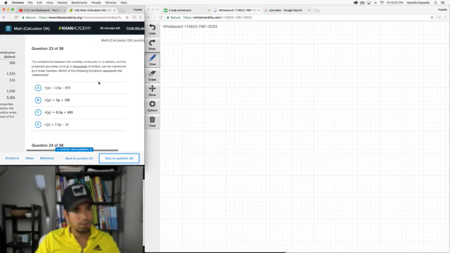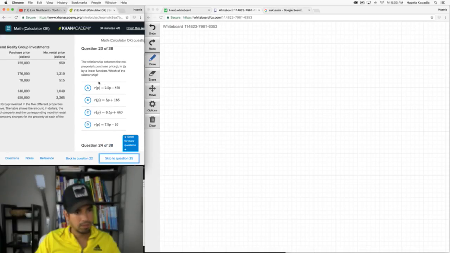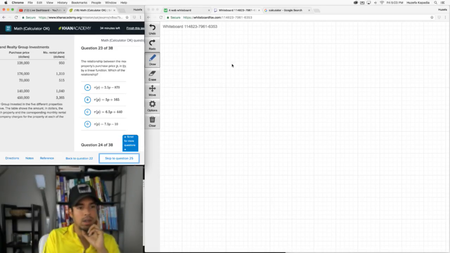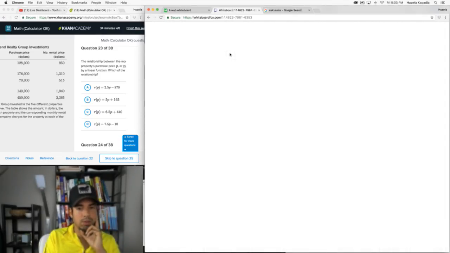Okay, so rental price equals... Let's do it like this. All right, we can solve it quickly because we're talking about a slope here, right? So what I'm doing is, I'm just looking at this first example as a possibility.